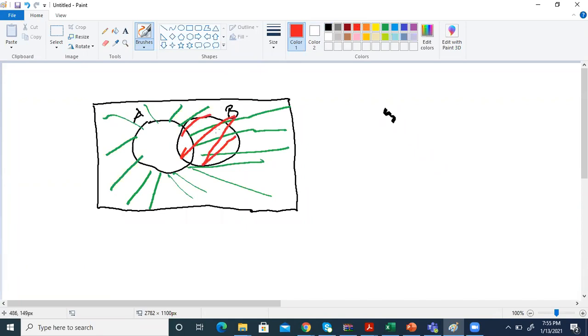This is B. Of course, I cannot go outside of B a little bit, but just think of it as B. Now, when you look at where both of them intersect, where the shading is overlapping, you can see that both the green and the red can be found in this area right here.